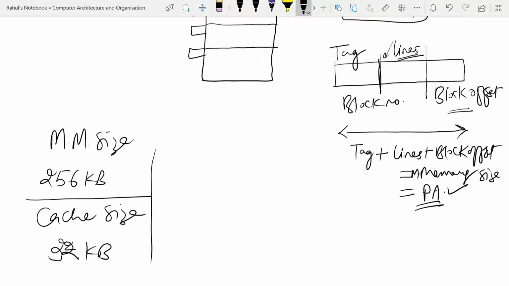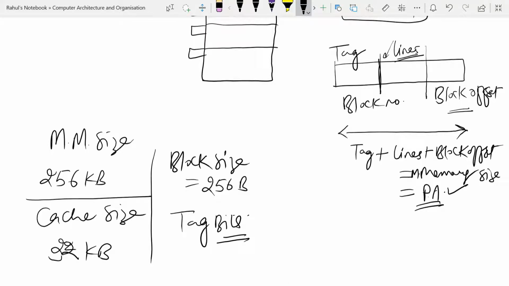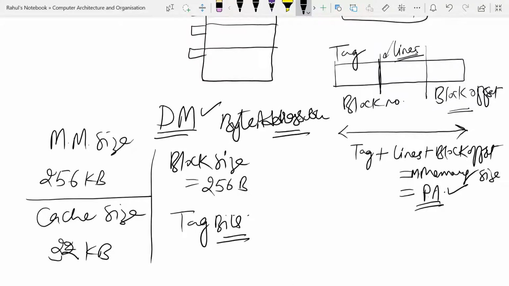And suppose block size is given to us, suppose it is 256 bytes, and we are asked what are the tag bits in direct mapping. If we are using the direct mapping technique and byte addressable memory, then what would be the tag bits?